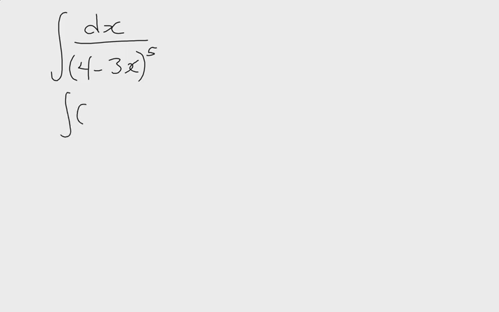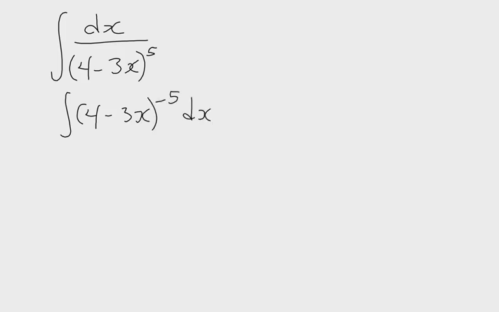Now another one is when we have the integral of dx all over 4 minus 3x to the power 5. Now in this case, we can write it as the integral of 4 minus 3x to the power minus 5 dx.